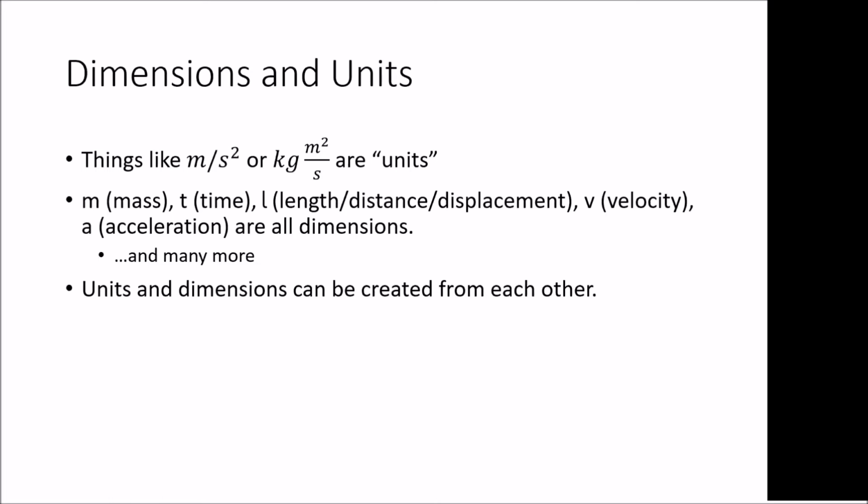We've got abbreviations for the dimensions here. So M is mass, T is time, L is length or distance or displacement, however you want to call it. V is velocity, A is acceleration. Those are the dimensions, but they can have corresponding units. A unit for mass, kilograms, unit for time, seconds, things like that. So that's the difference between units and dimensions.